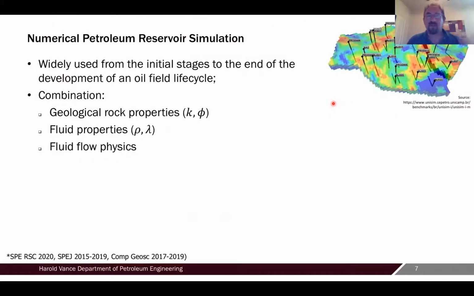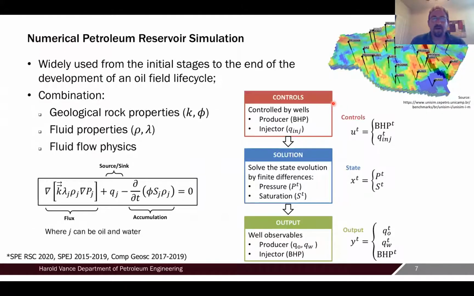Okay. So let me just briefly talk a little bit about what a reservoir simulation is. It is basically accounting for flow in porous media. And you involve all this petrophysical information, fluid flow information, fluid physics, geological rock properties, but basically it all boils down to an equation that's familiar to many other domains, which is a conservation equation.